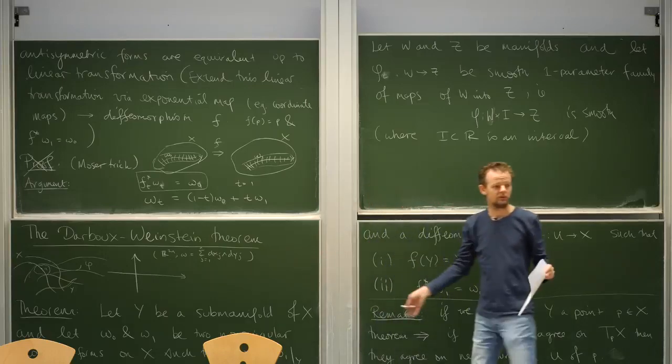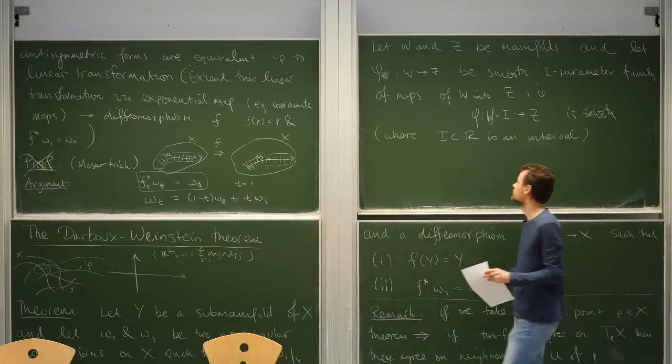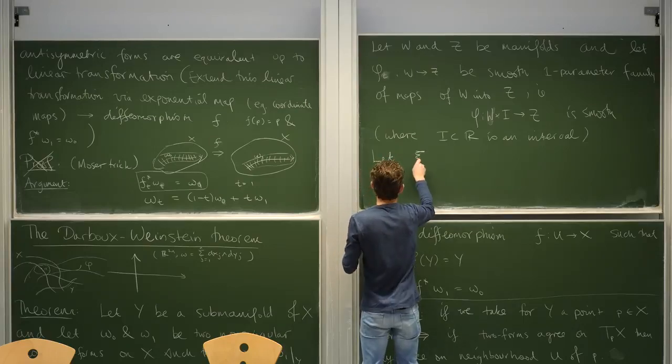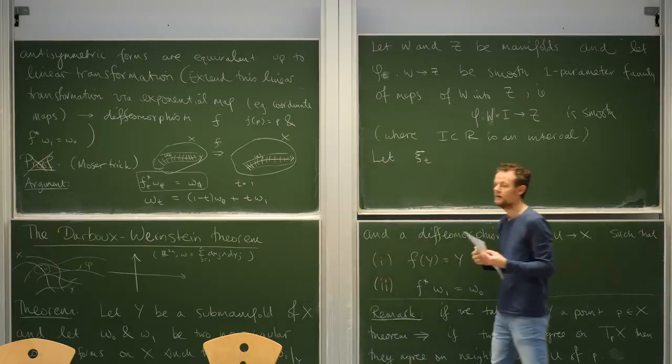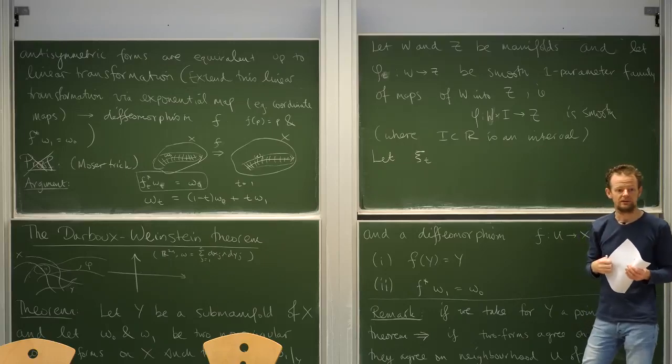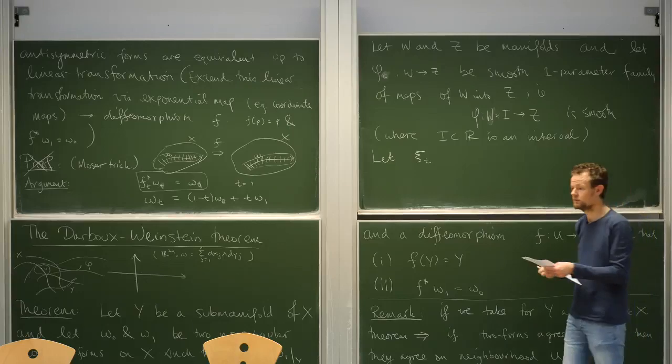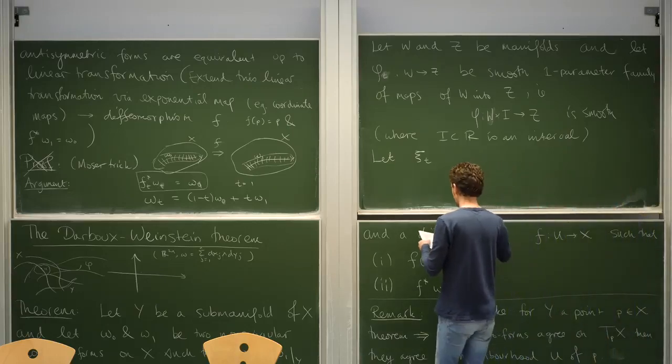We have a one-parameter family of maps, and we've looked at these several times before in this course. We can differentiate this one-parameter family of maps with respect to t, and that'll give us a vector field. And so we're going to give that vector field a name.